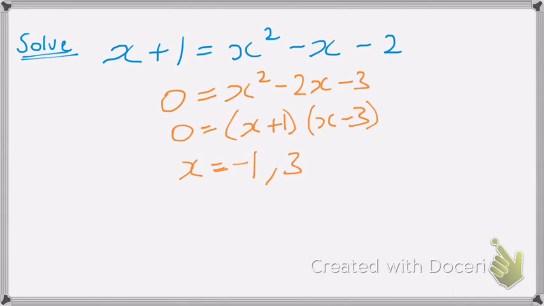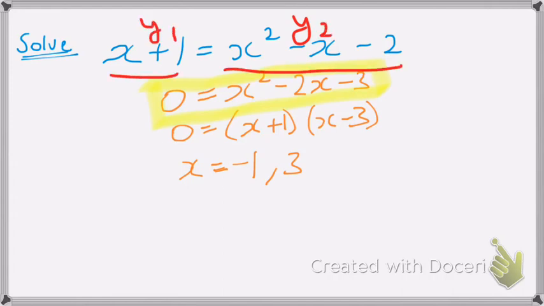I want you to notice that when I did this step here, I subtracted, if this is my y2 and this is my y1, the two sides, one from the other. So in fact, you can always just integrate that highlighted line there.